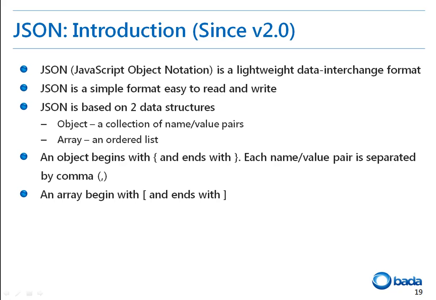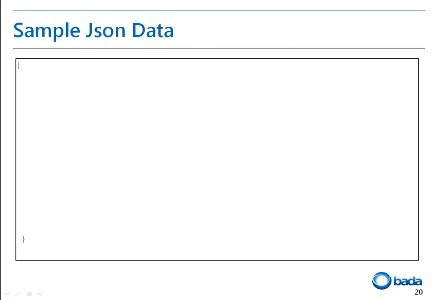An object is a collection of name-value pairs, and an array is an ordered list. An object begins with an open brace and ends with an end brace. Each name-value pair is separated by a comma. An array begins with an open square bracket and ends with a closed square bracket.